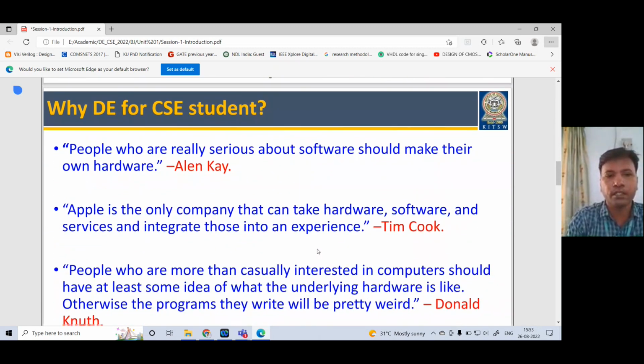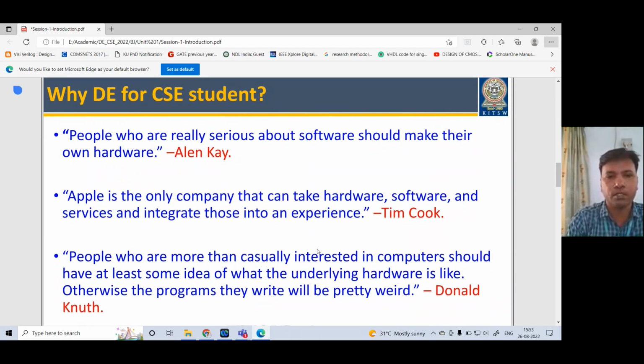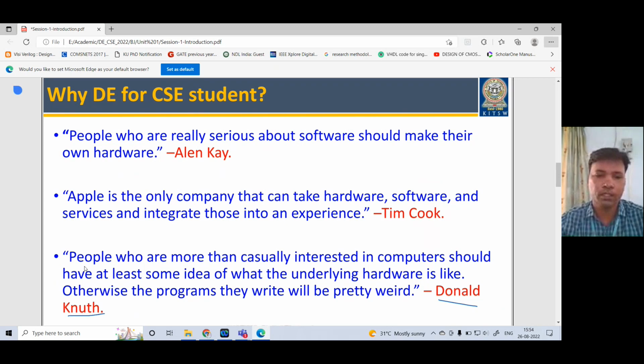Digital electronics is required for CSE students. So if the term electronics is there, don't think it is unrelated to you. As I said, it is meant for CSE students also. The famous computer scientist Donald Knuth says that people who are more than casually interested in computers should have at least some idea of what the underlying hardware is like.